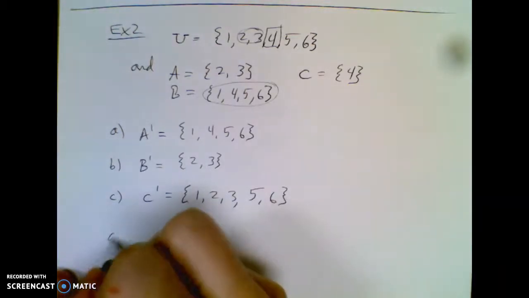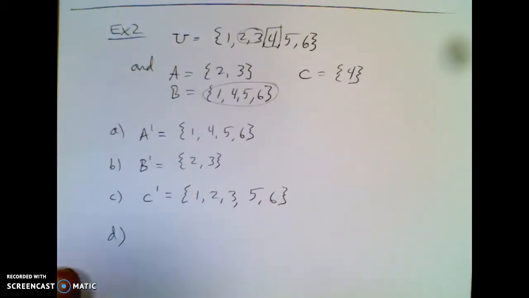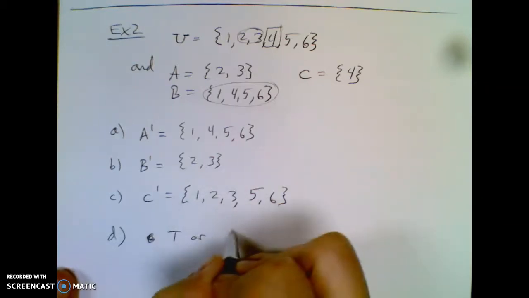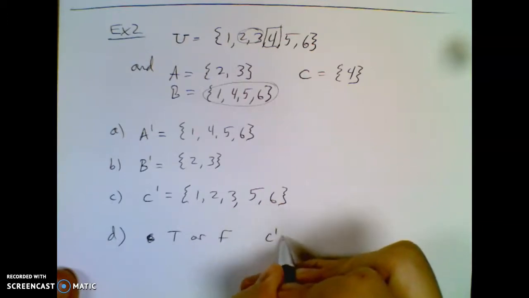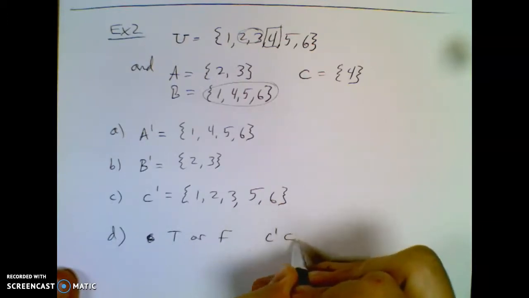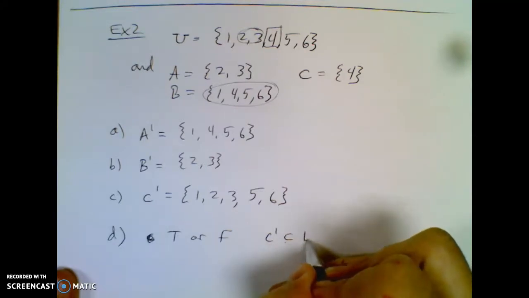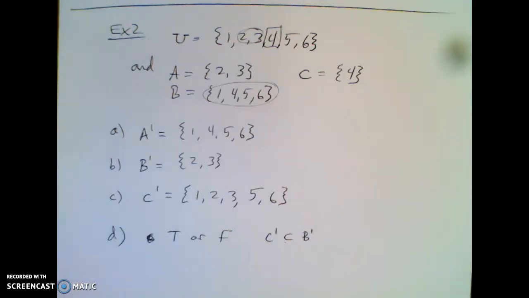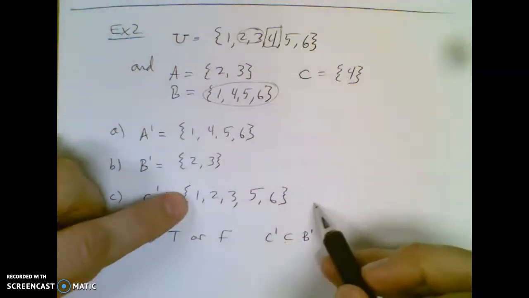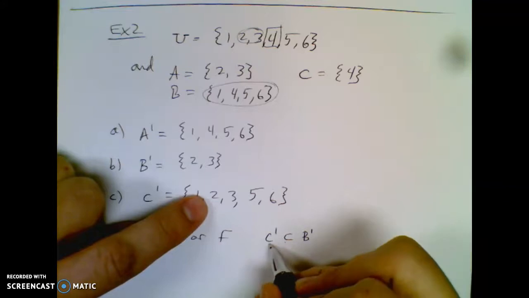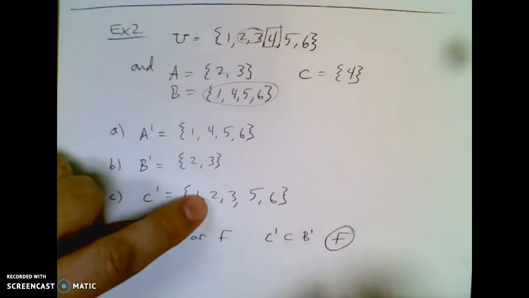Then I could ask a question like, true or false: is C not a proper subset of B not? Let's check them out. Here's C not, 1, 2, 3, 5, 6. B not, no, there's more elements here, and it has to be less than, so that's false.